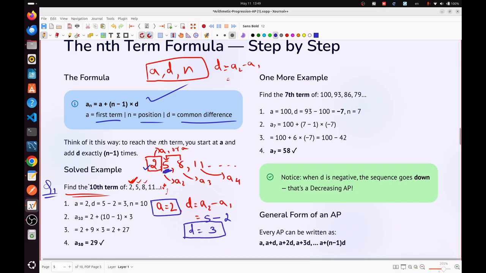Now N they have given in the question. That is the 10th term, so N equal to 10. These three things we got, so directly apply this formula.